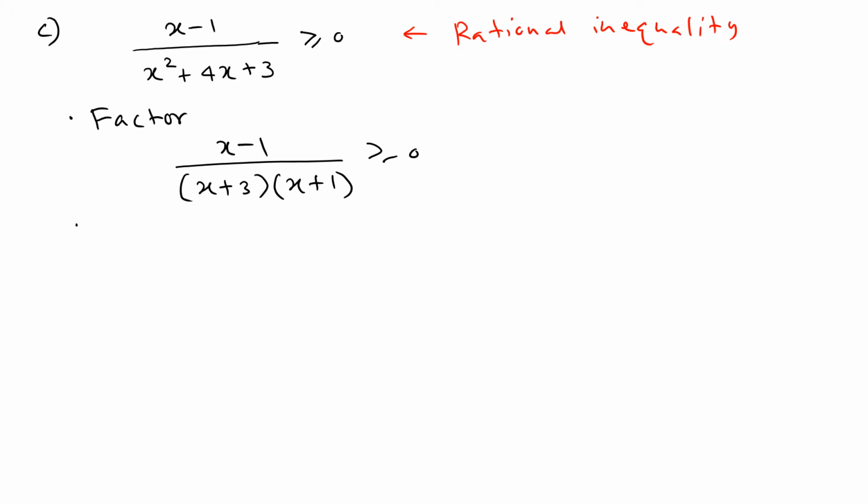Now we're going to go with the zeros. We have 3 zeros: there's a 0 from the numerator, which is 1, and then negative 1 from the bottom, and then negative 3 also from the bottom. And then we're going to go with the sign diagram. So we're going to put the zeros in that order.